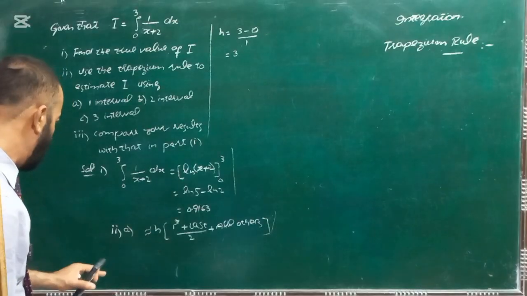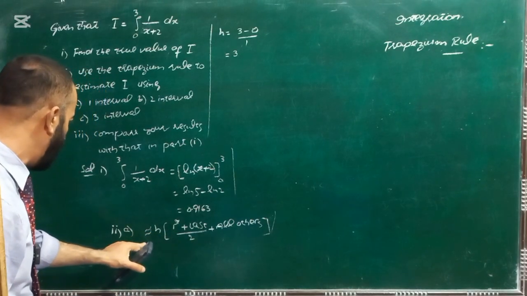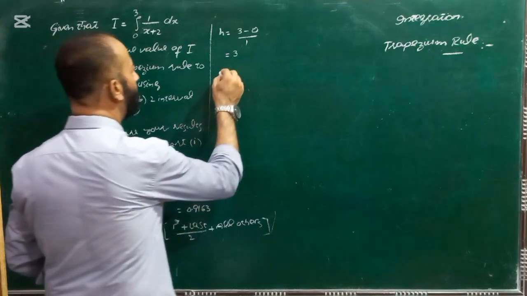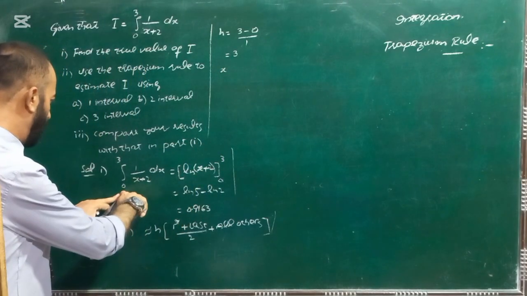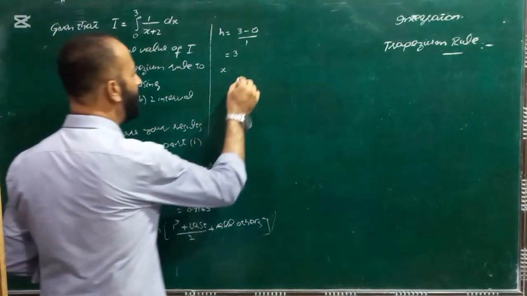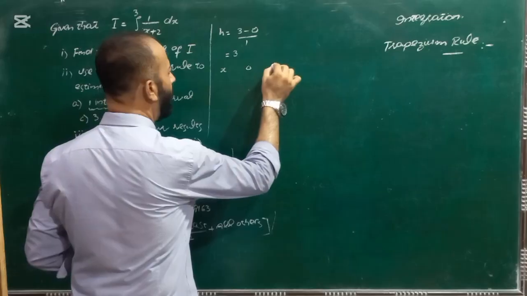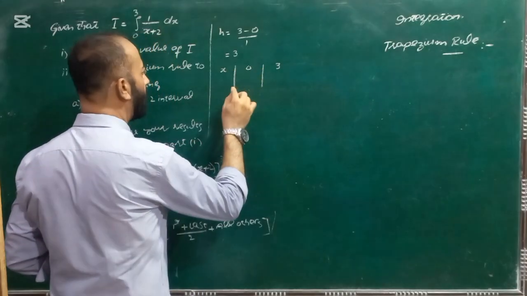So putting values into this one, but first we have to find the values of x and f of x. Actually we have to go from here to here in one step because we are doing first part. So it means 0 and 3. We are going there in one step.